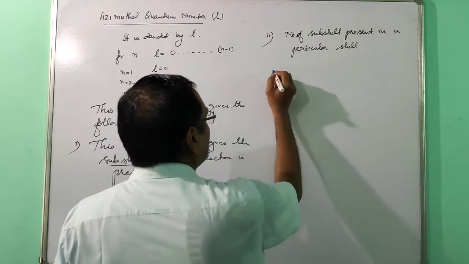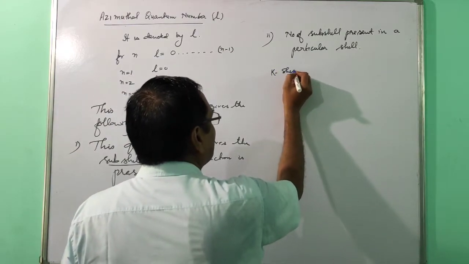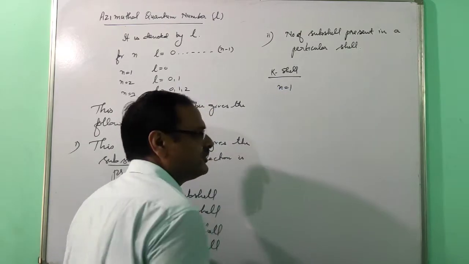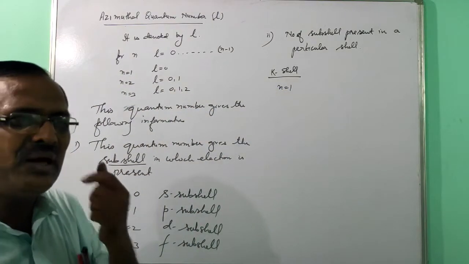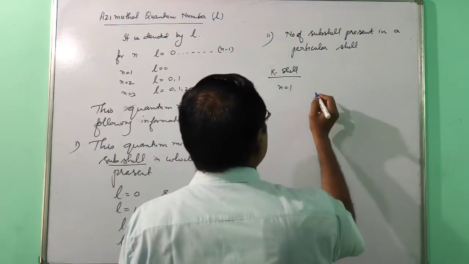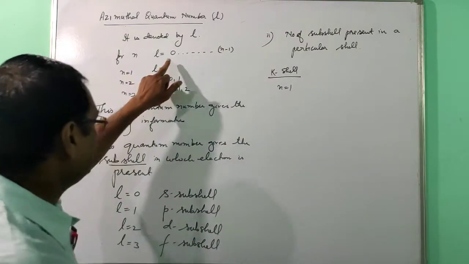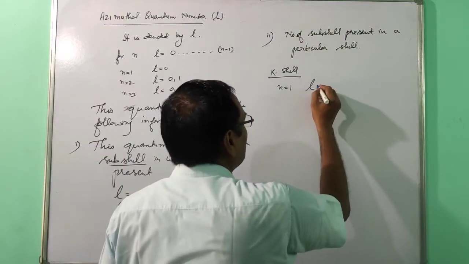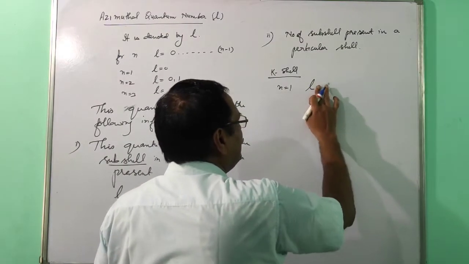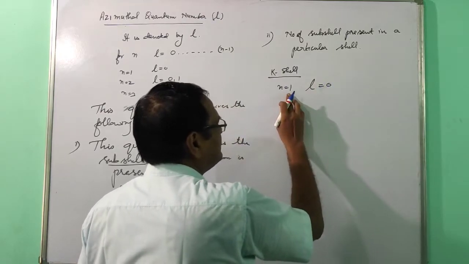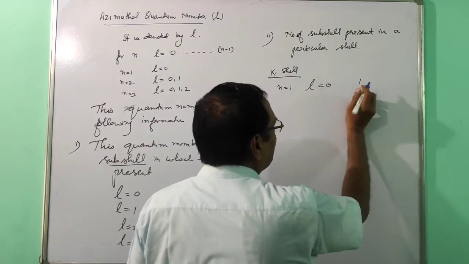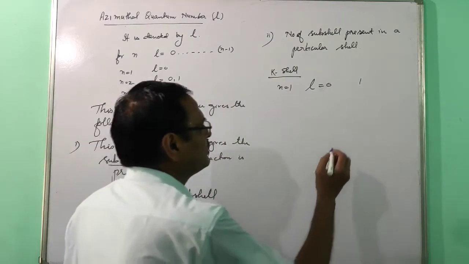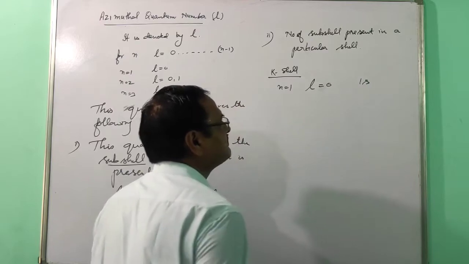For example, just take the K shell. For the K shell, n is equal to 1. Then find out the value of l. l you already studied: 0 to n minus 1. So l will be 0. With the main shell 1 and l equal to 0, you get s. So this will be 1s.